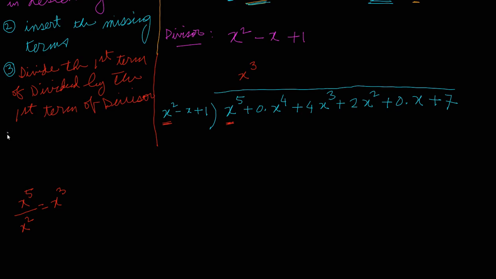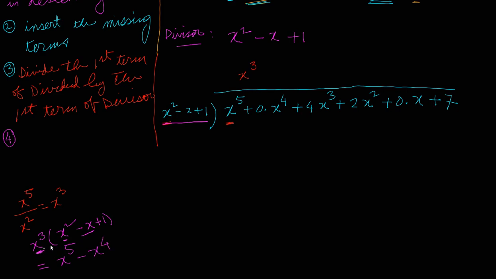What am I going to do in step number 4? You pick that x cube and multiply the x cube by the whole divisor. What is the whole divisor? x square minus x plus 1. If I multiply that, what do I get? x cube multiplied by x square is x power 5. x cube multiplied by minus x is minus x power 4.